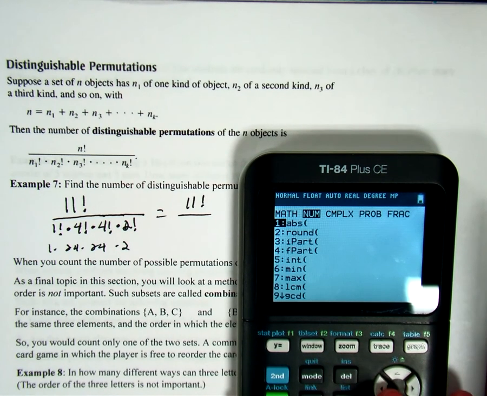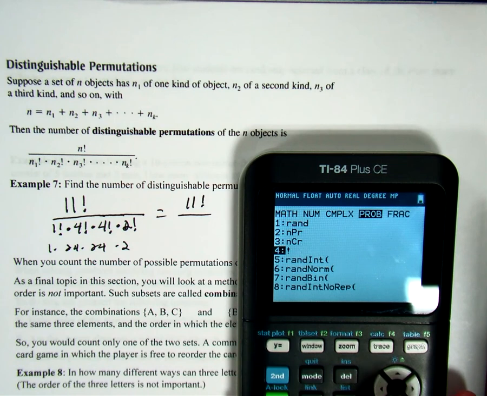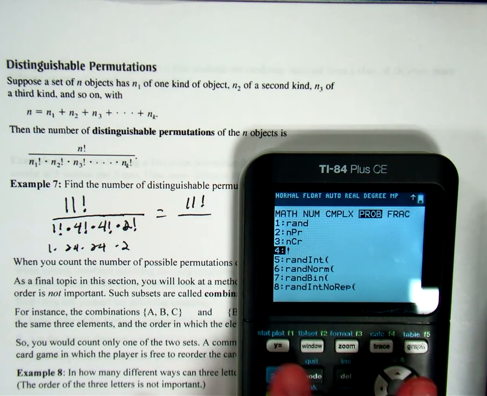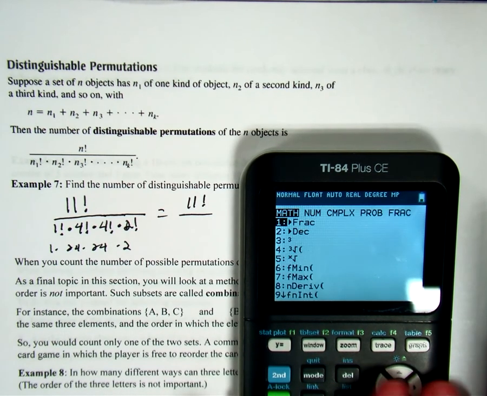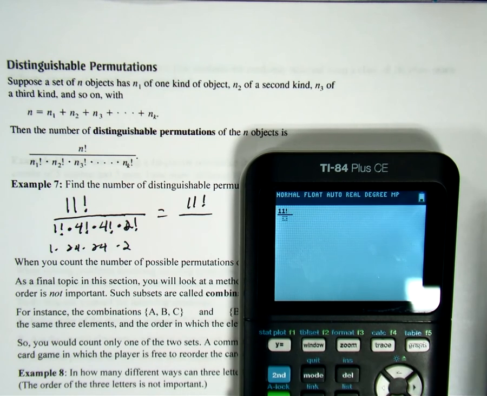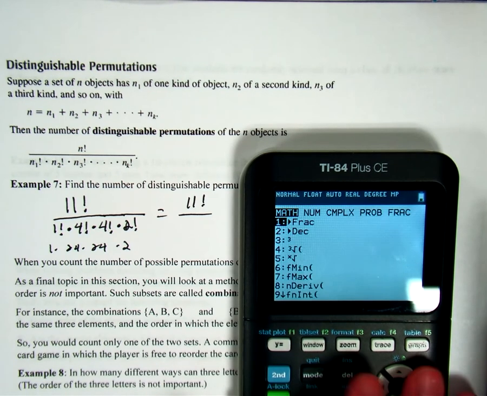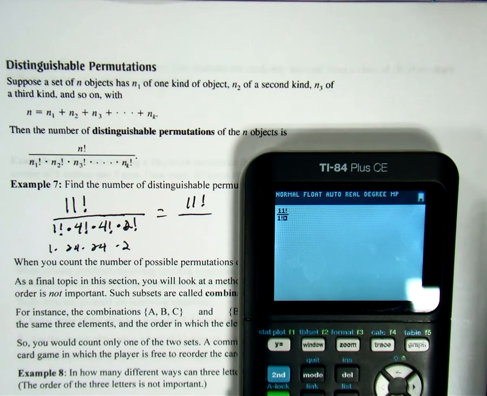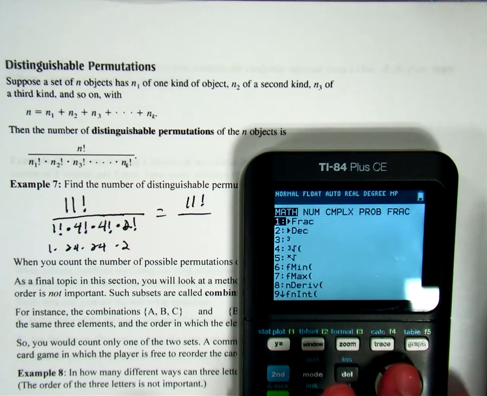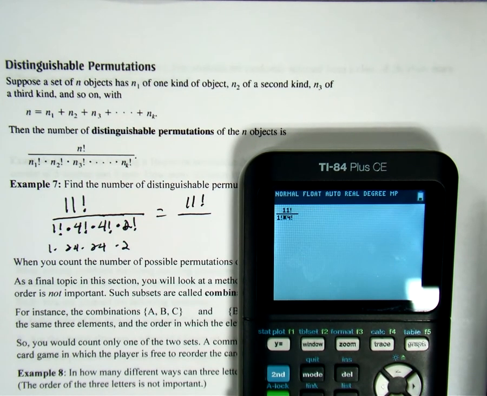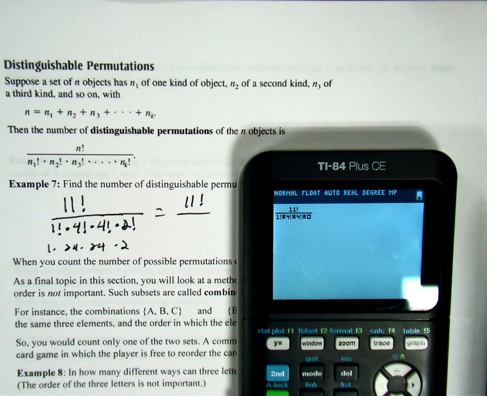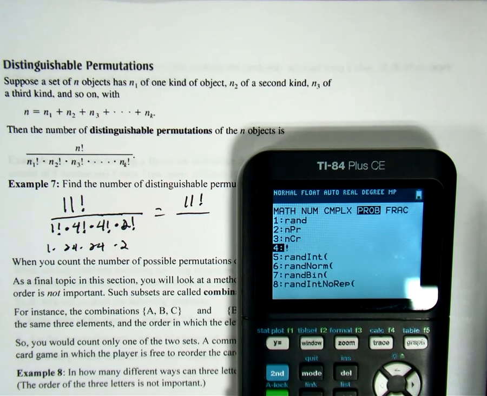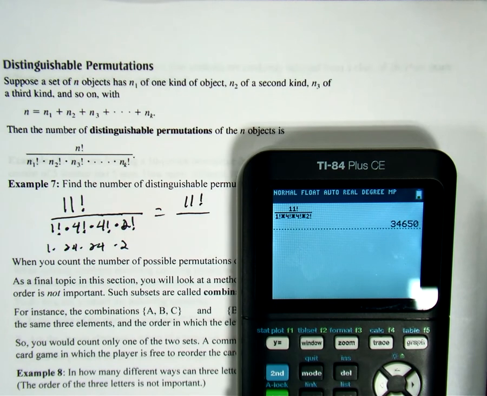There's our exclamation mark under math, probability. So if we wanted to make it look just like this, we type 11 factorial over 1 times 4 times 4 times 2, for 34,650.